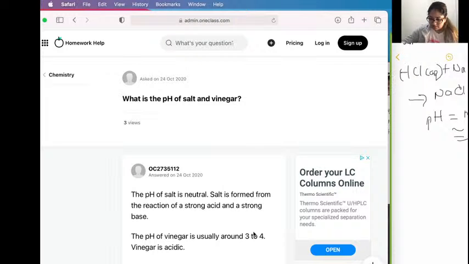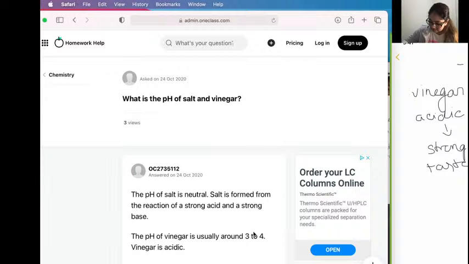And so the other says, what is the pH of vinegar? So vinegar is slightly acidic. That's why you get a sourish taste, a strong sour taste, and it's very acidic because it has alcohol.